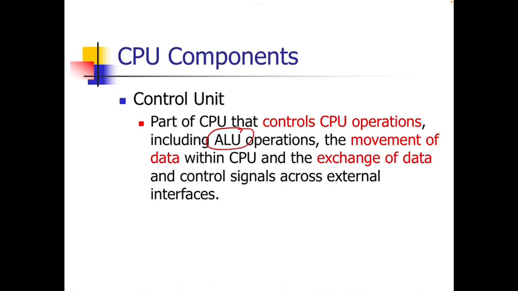The control unit also controls movement of data within the CPU and exchange of data and control signals across the external interface. So the control unit will control the movement of data between the CPU and things other than the CPU.